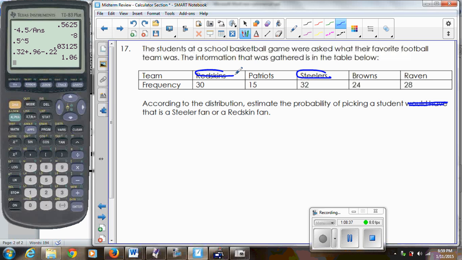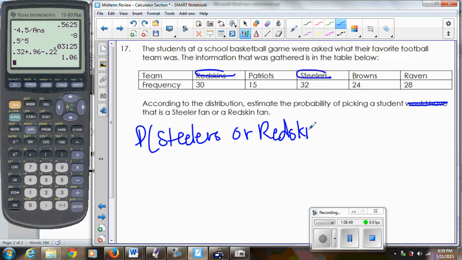So we're looking for the probability of Steelers or Redskins. When you have a table, it's actually much easier. Let me actually just write this out.